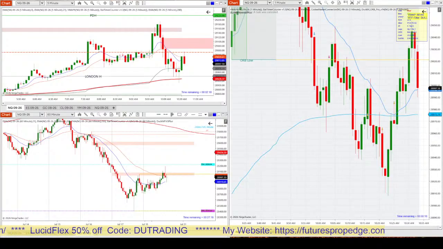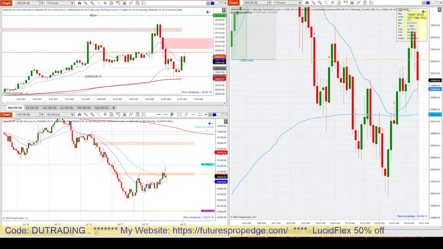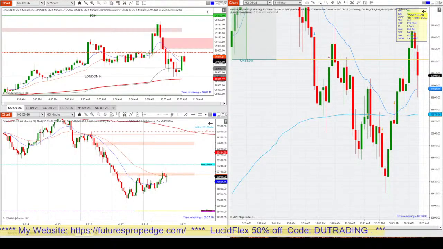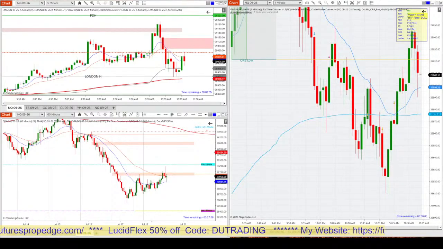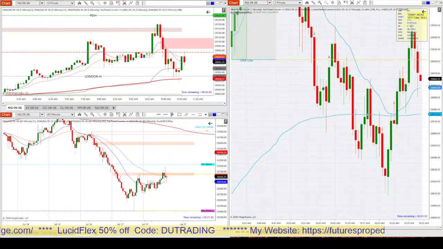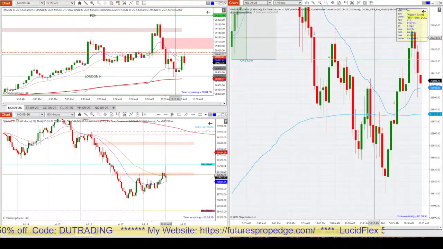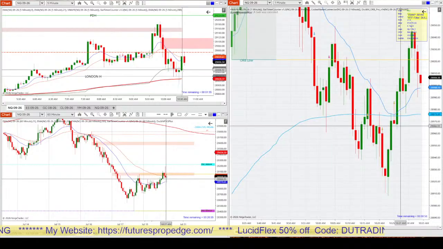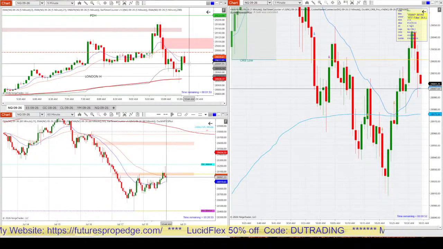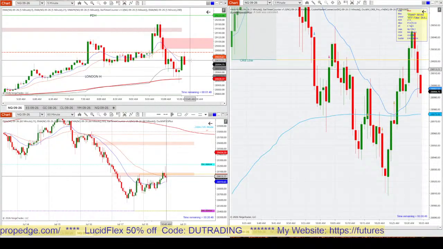This area, you can see clearly the resistance, but since we had a nice rebuy reversal, the next 5 minutes might be something that makes something happen.